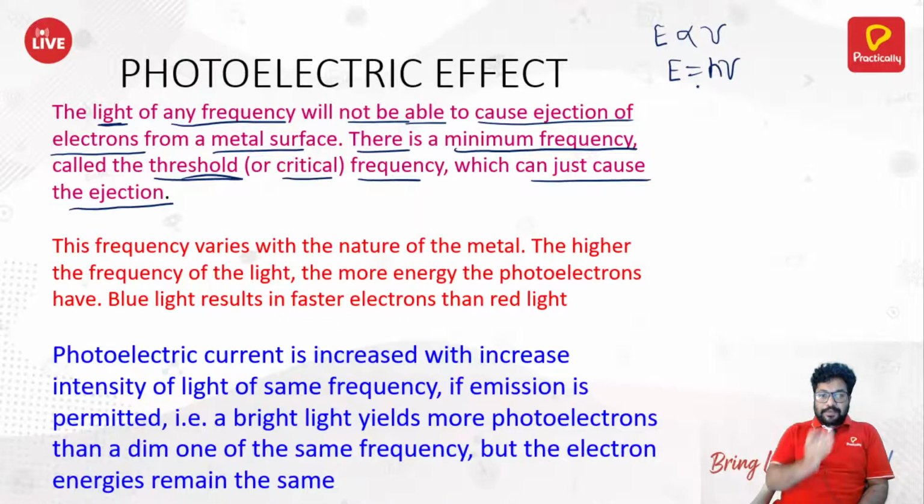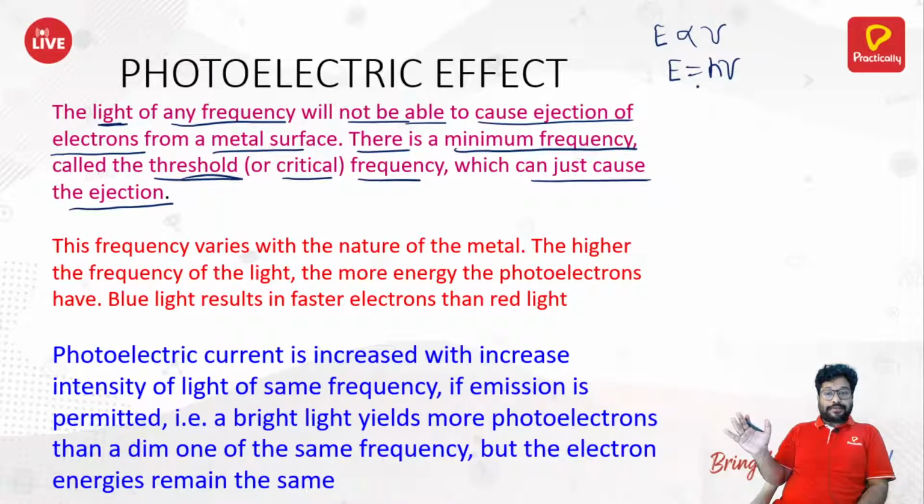If your frequency is less than that minimum frequency, no ejection will happen. If your radiation has a frequency higher than the threshold frequency, then the ejection will happen and the excess energy will be imparted to your electron in the form of kinetic energy.